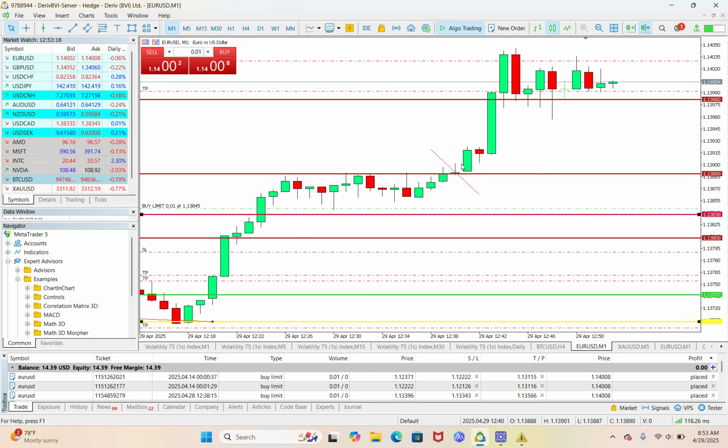Chances are buyers are now in control of this area right here. So when the market come back to this area, if the theory is right, buyers should push the market to the upside again, if there is strong buyers still in this area, okay?